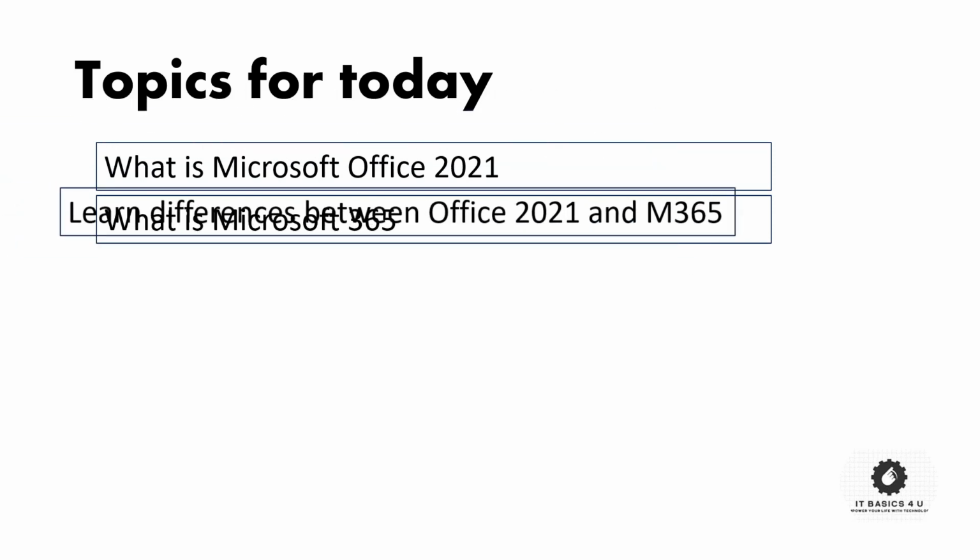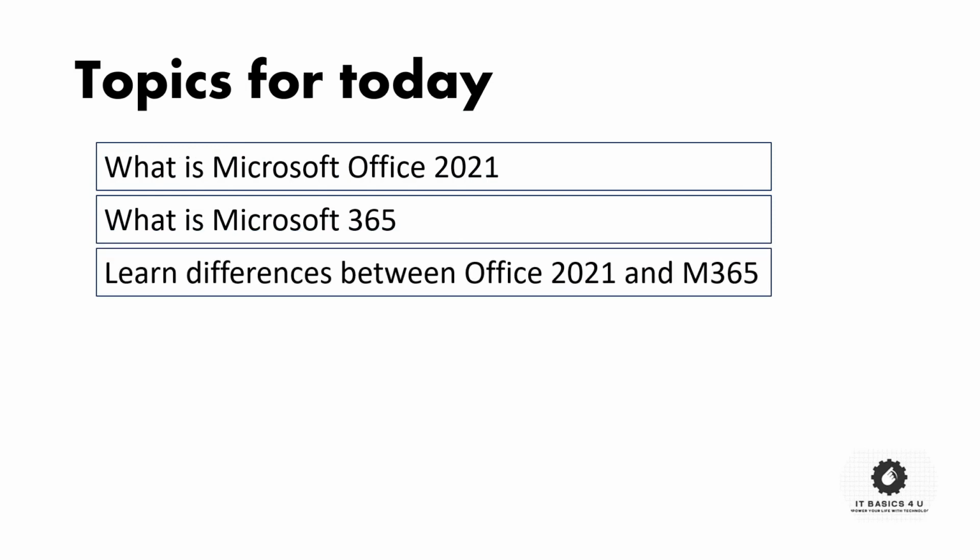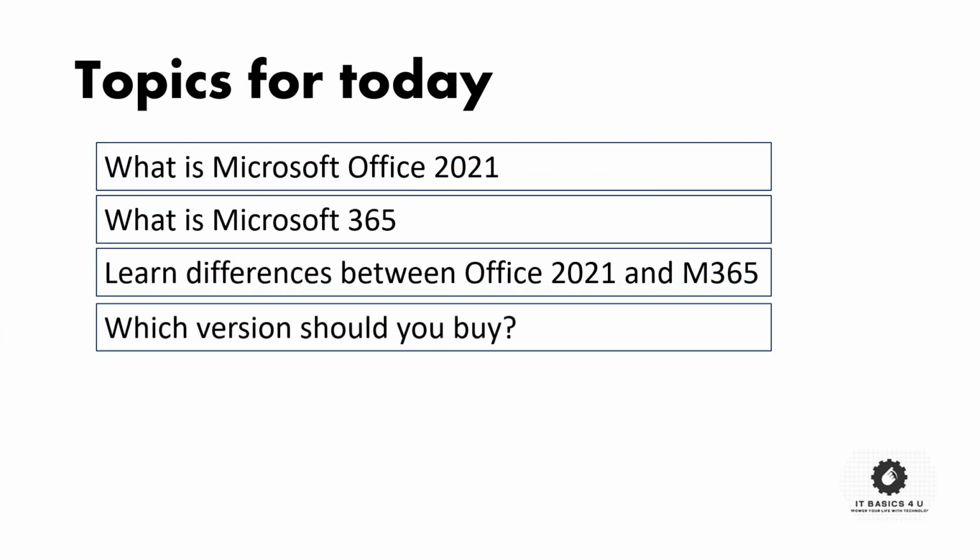We will also cover the differences between the two versions, Office 2021 and Microsoft 365. We will also be discussing which license to buy. How can you make a decision? What are the license types that exist across these two versions? And this will definitely help you make your decision when you're planning to buy a Microsoft Office license.